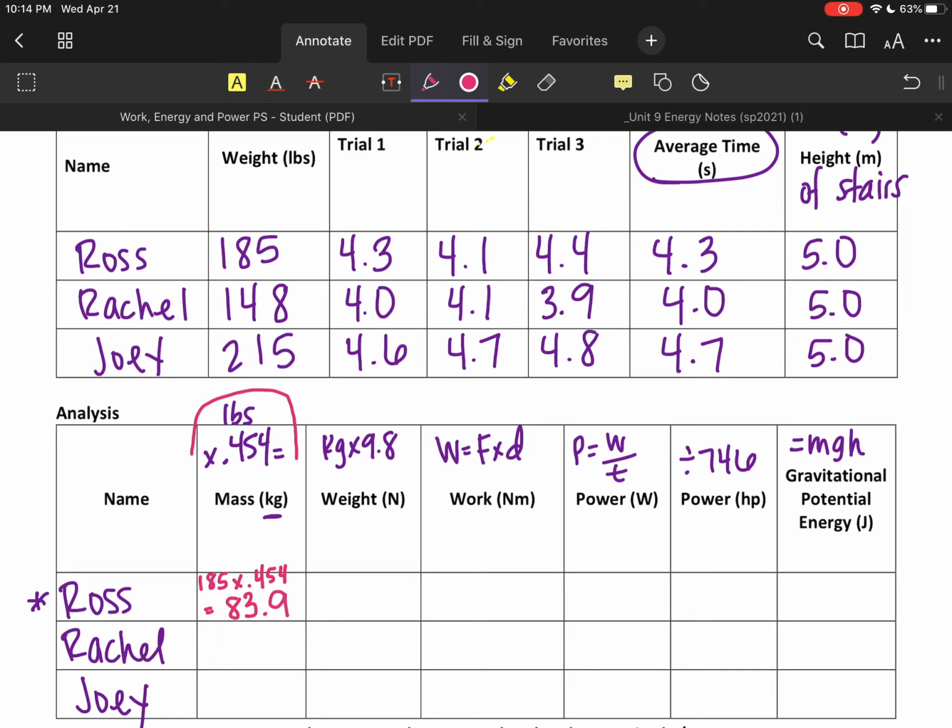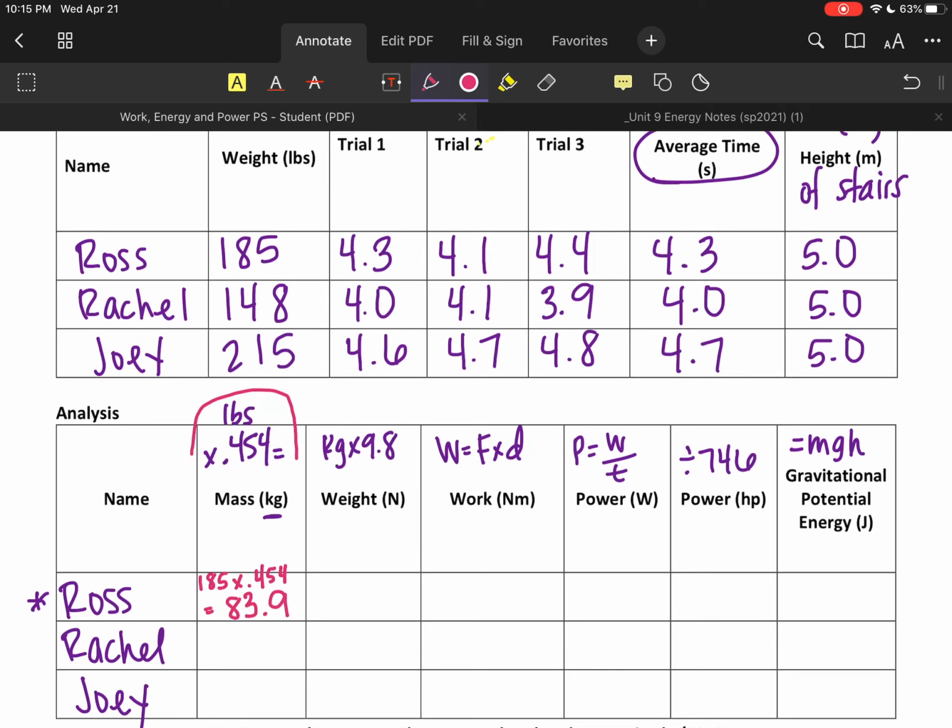Next, we have to get the weight. Weight is just your mass with the force of gravity that's pulling down on you. So we're going to say it's our kilograms, 83.9, times 9.8.